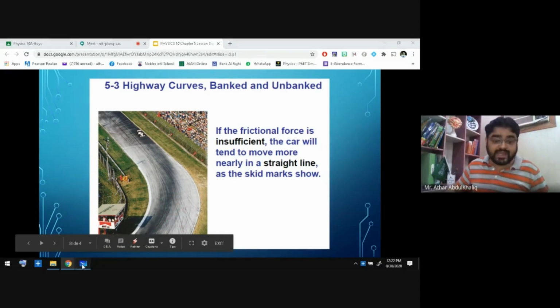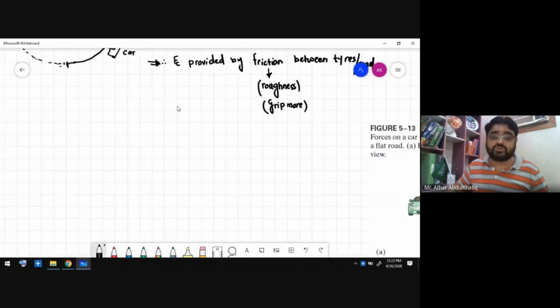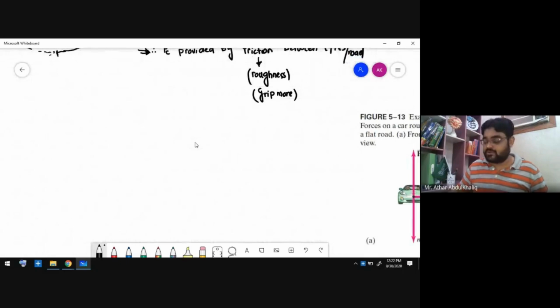Now, as we reach this point where we are talking about friction, to understand this concept we need to know the types of friction first. There are two types of friction in circular path motion.